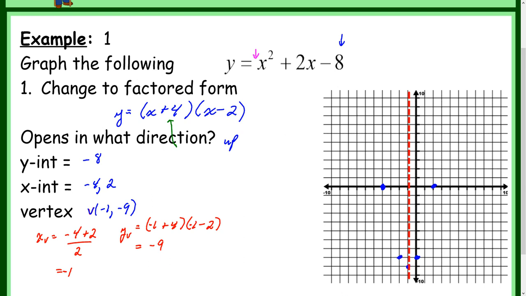Okay, so there's our graph. And then you're going to just do the best. Oops, that was a little off, but you guys can make that adjustment. Okay, that should be your graph. It should look something like that. Okay, so that's how you graph your equation when it's not in vertex form, and in this case in standard form.